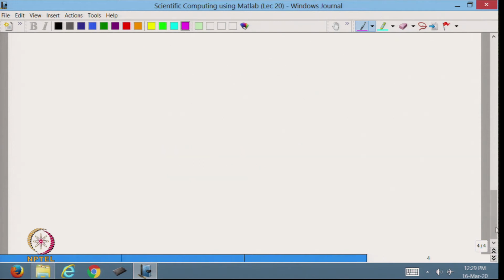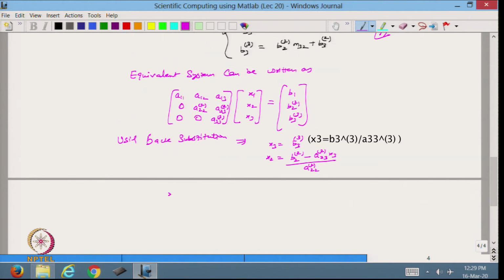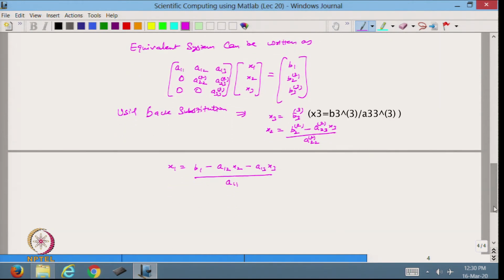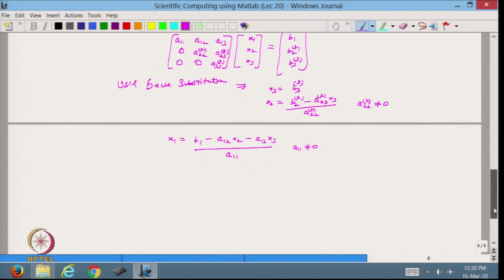And my x1 will be B1 minus A12 x2 minus A13 x3 divided by A11. So, you can see that this is provided A11 is not equal to 0. So, by back substitution we are now able to solve my system.